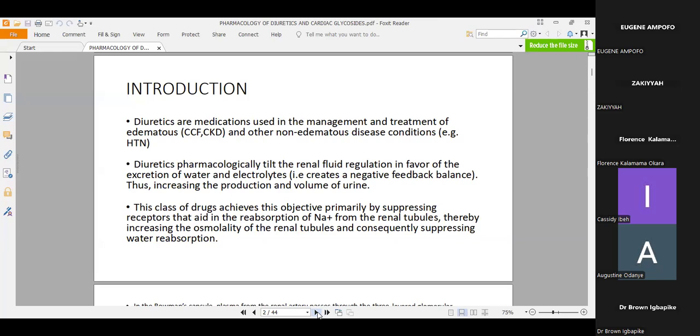That is, they create a negative balance, thereby increasing the production and volume of urine. This class of drugs achieves this objective primarily by suppressing receptors which aid in the reabsorption of sodium from the renal tubules, thereby increasing the osmolality of the renal tubules and consequently suppressing water reabsorption.